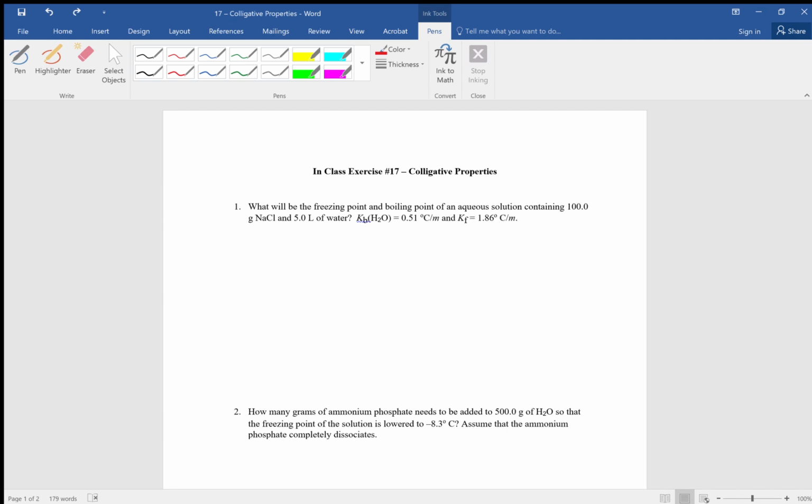So this will end up being pretty straightforward because the main thing here is calculating the molality. And since we're using the same solution for both, we only have to do that calculation once. So molality, recall, is the moles of the solute.